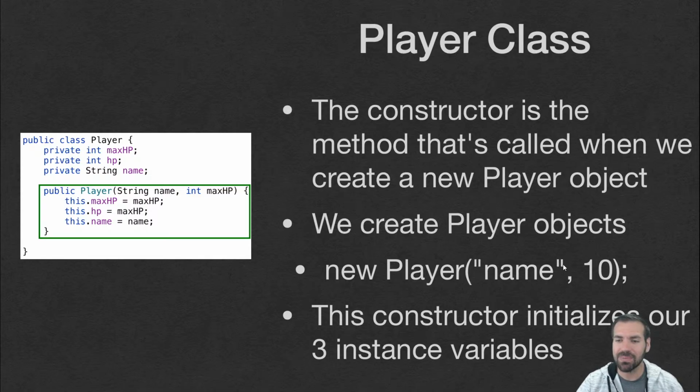So I'm going to give it some string, whatever I'm calling my player, and some int. It's their initial max HP, which is going to be their initial HP as well. So we're going to create a new Player object. This is going to create a Player object on the heap. It's going to set its name to the string name, its max HP to 10, its HP to 10, and then resolve to a reference to the Player object that was just created on the heap.